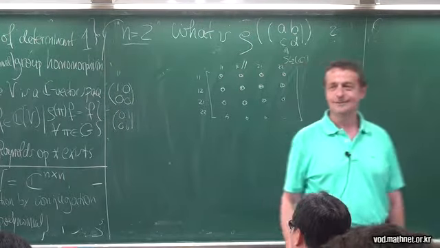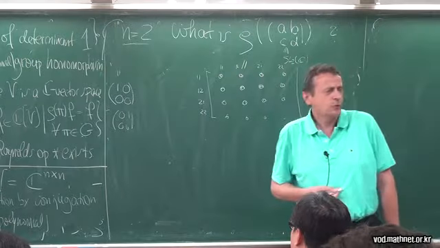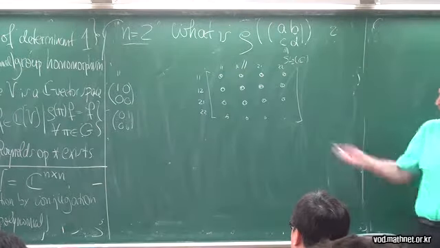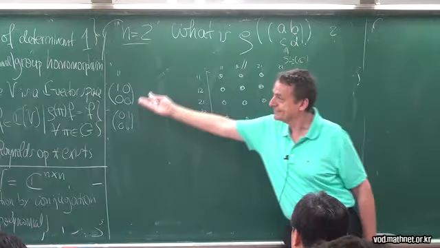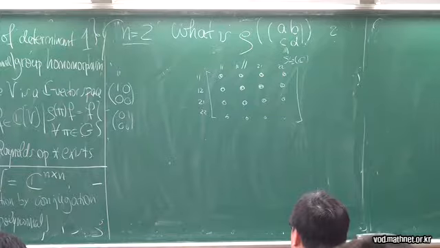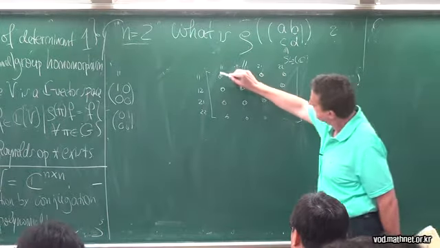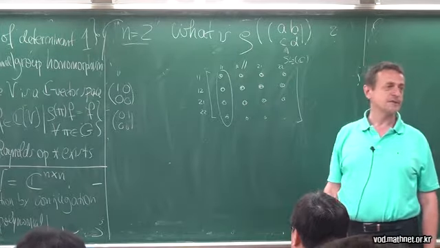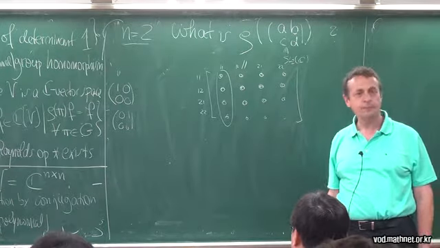I always get accused of choosing bases or endowing spaces with bases, but this basis came to me. So that's my basis. The columns of a matrix are the images of the basis vectors.